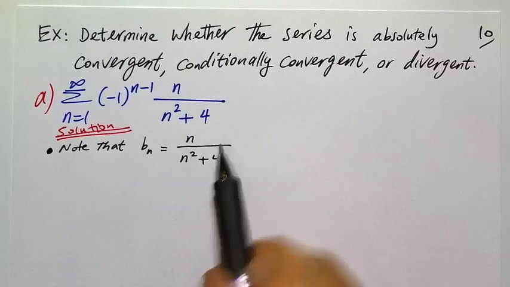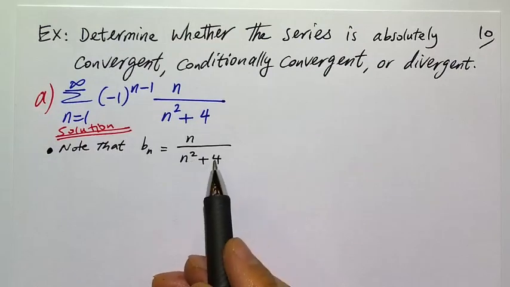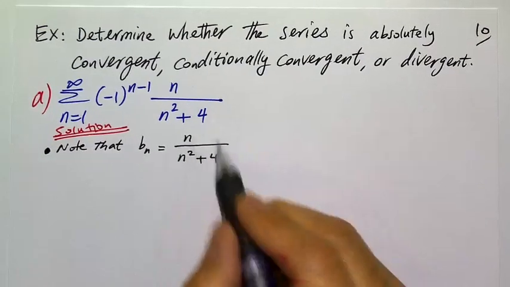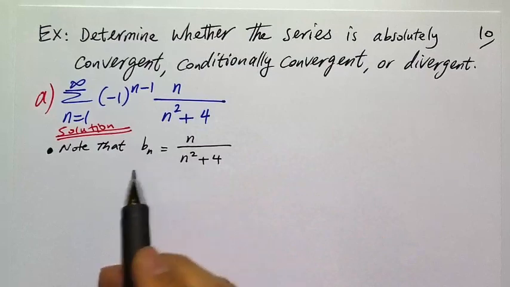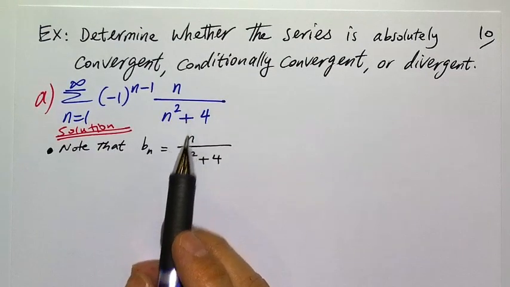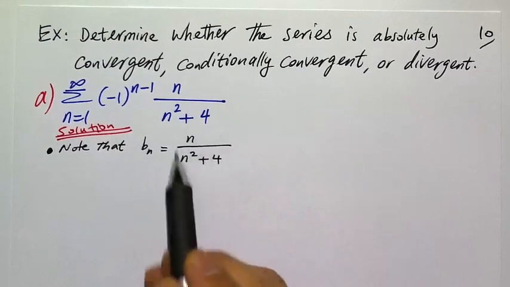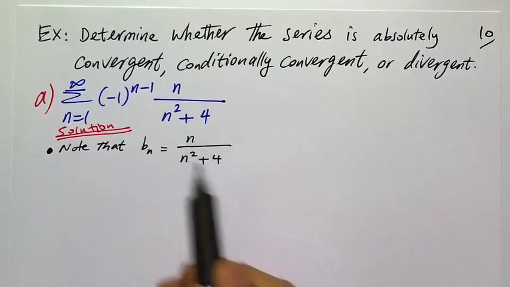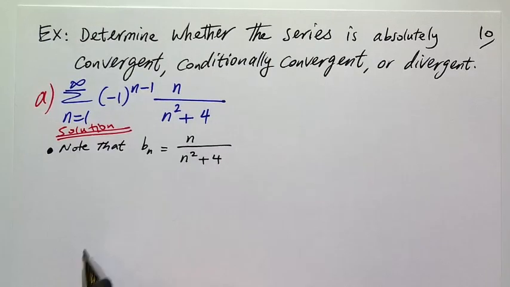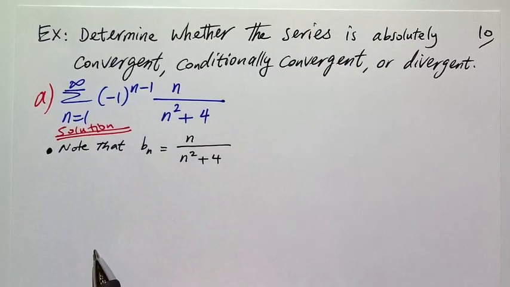Notice that for n values 1 to infinity, this is always greater than 0, so this is always positive. Just mentioning that this bn is always positive, greater than 0, for n greater than or equal to 1, is sufficient.